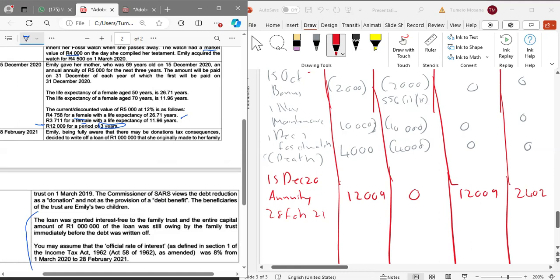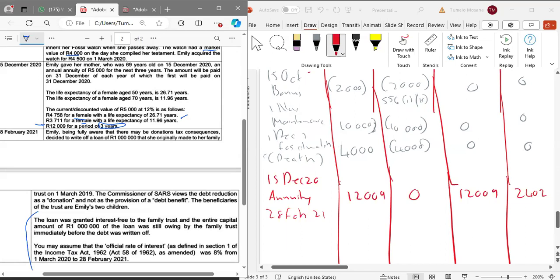So that is a difficult one. I haven't seen one yet. James, I don't think it will be a donation. If it's written off and she's avoiding a tax consequence, then there is no donation.